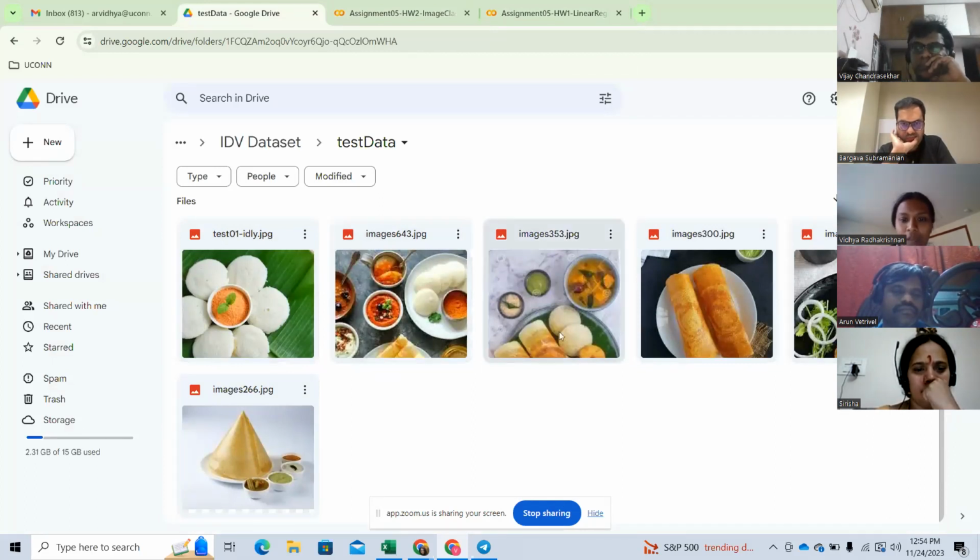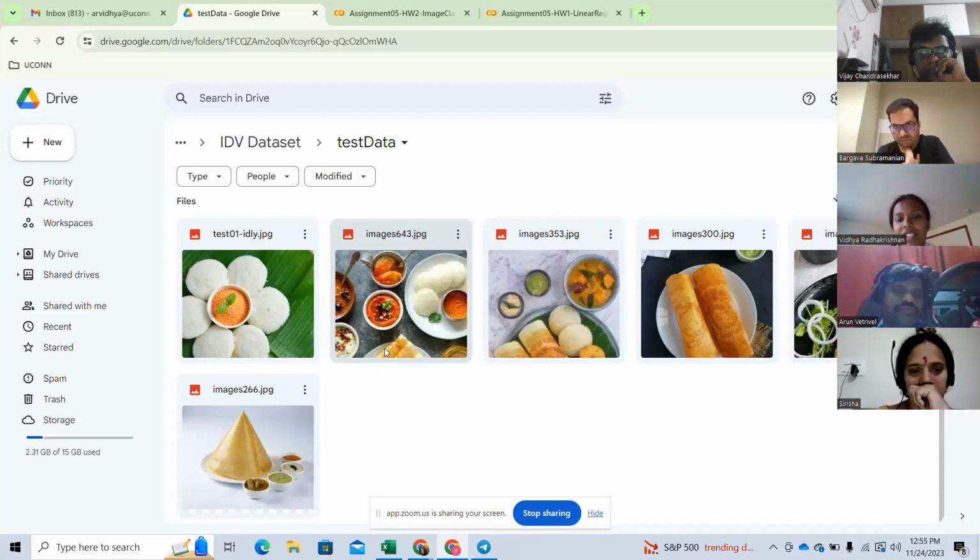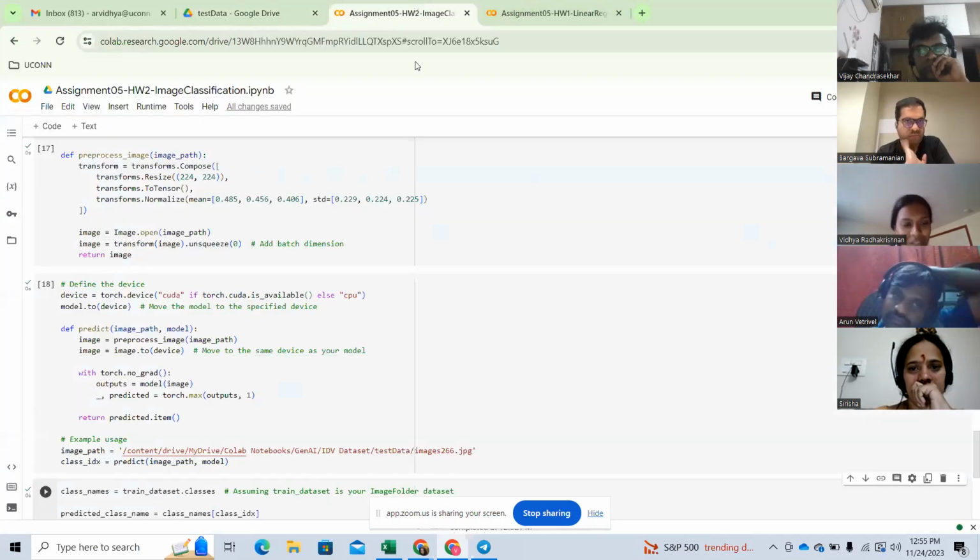But when I gave the images that had dosa, idli, and all these combined, it just predicted one. It was obvious, but I'm not sure on what basis it took idli here, or on what basis it predicted vada here. That was quite interesting.